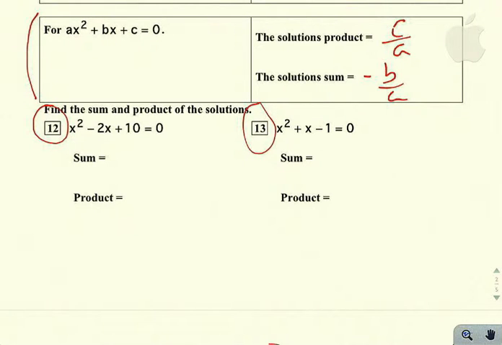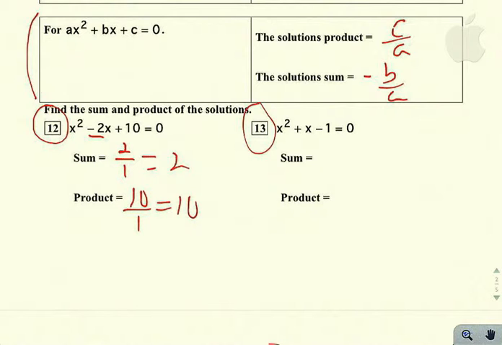For example, number 12, the sum would be the opposite of negative 2, which is 2 over 1. So it's 2. The two solutions, whatever they are, have to add up to 2. And the product would be 10 over 1, which is 10.